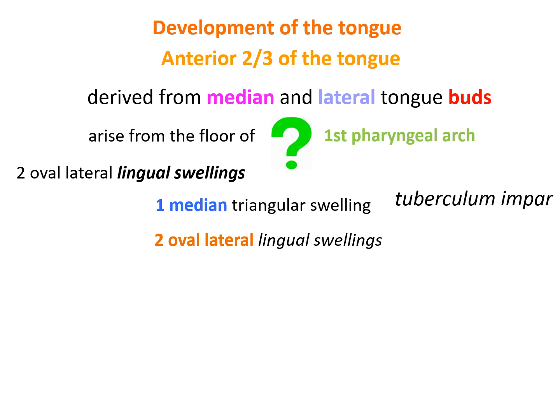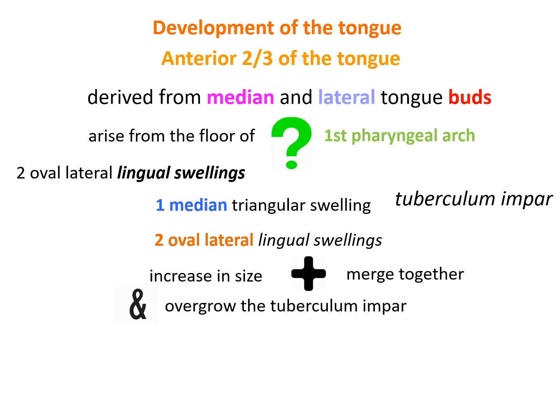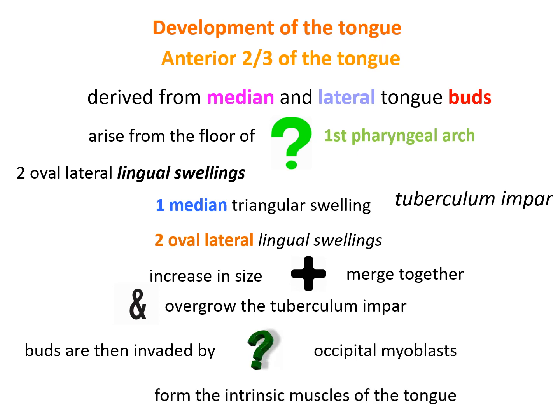These two lateral swellings will increase in size, plus they merge together and overgrow the tuberculum impar. These buds are then invaded by occipital myoblasts.